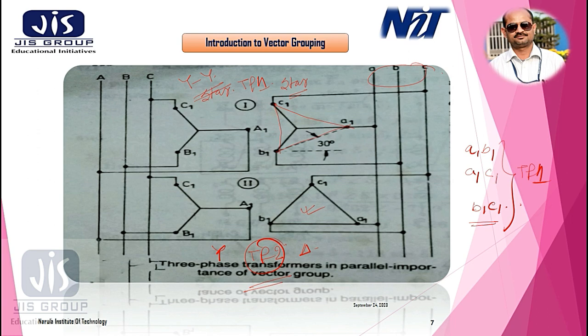Now for this transformer also it is the same: A1, B1 line to line voltage, B1, C1 line to line voltage, and C1, A1 line to line voltage. Now look, this is the star connected line to line voltage A1, B1, and this is my A1, B1. So if we put it here, this is my A1, B1 for delta, and this is A1, B1 for star.